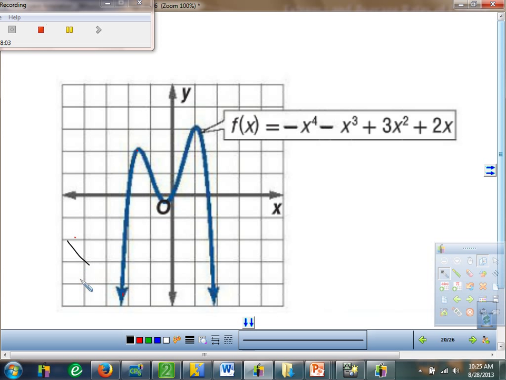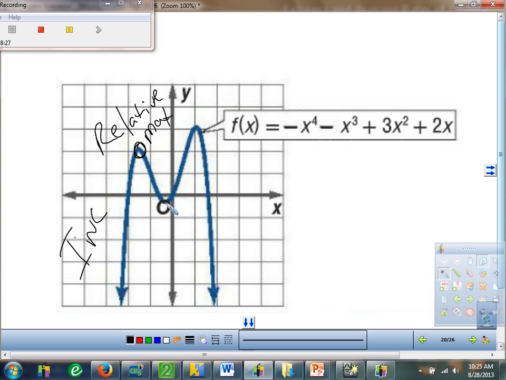So we're increasing from here to here. Now at this point, that's going to be a maximum, which again we'll call relative. And it may be an absolute, but it's not because it's lower than this point. So that'd be a relative max.